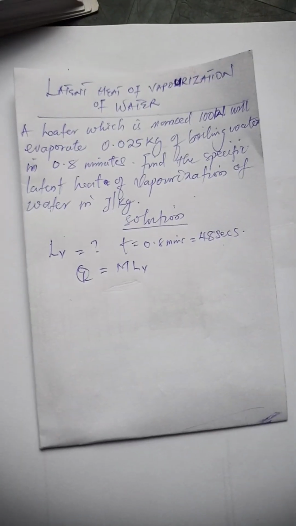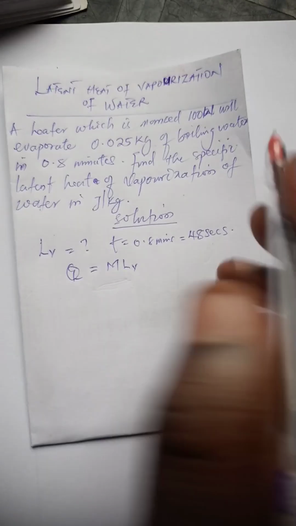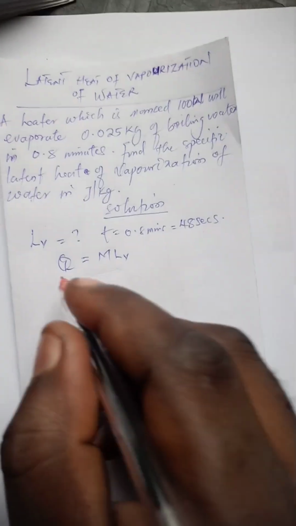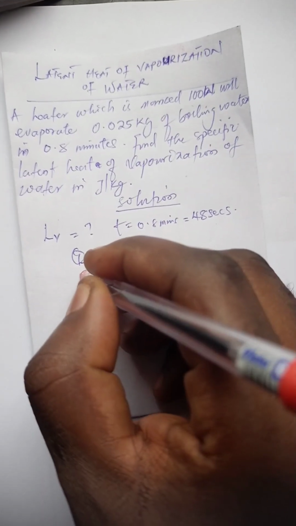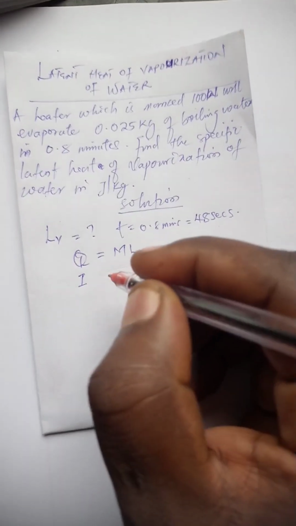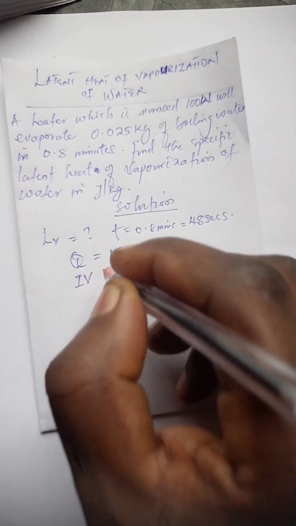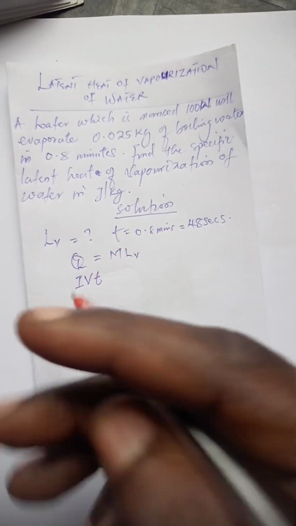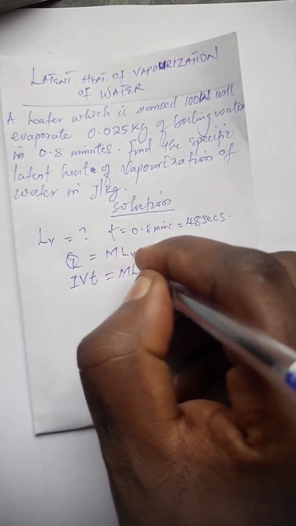Now we should also observe that the heat energy here is of a heater, and the heat energy for a heater can only be gotten by what? The current times the voltage times the time it takes, which equals MLV.